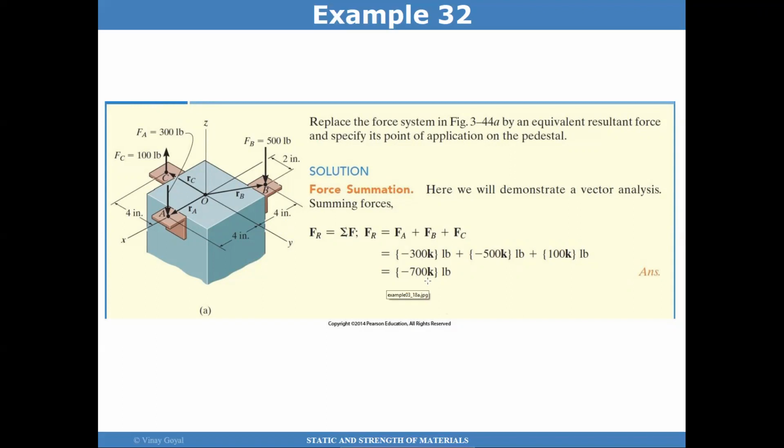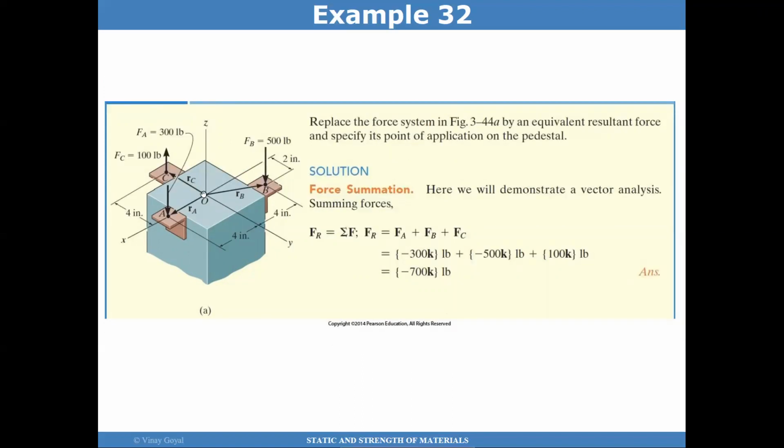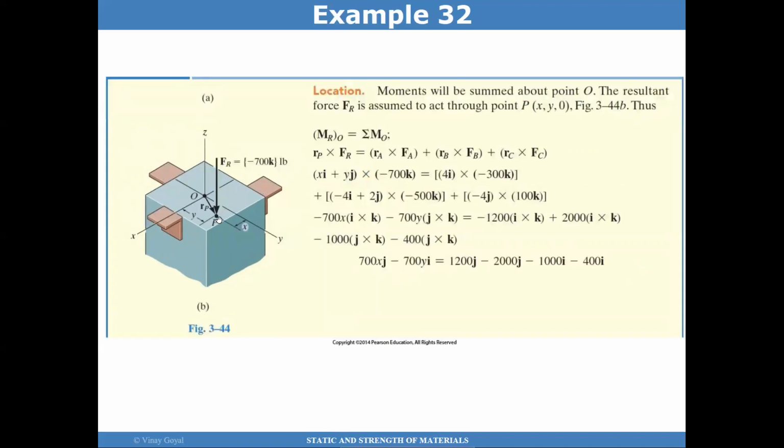The question is, where should it go? I can put it a distance away somewhere. I know there's a summation of moments. So what I can do is sum moments about O in this system, and then sum moments about O in the equivalent system, and they have to be equal. If this is a distance x and this is distance y, then the position vector rp is x i hat plus y j hat, crossed with the resultant force I found, 700 k hat.